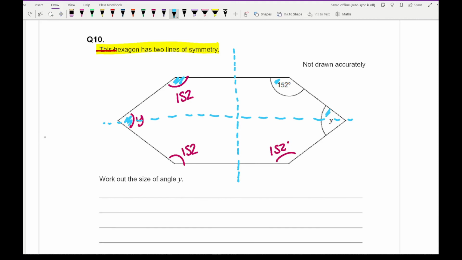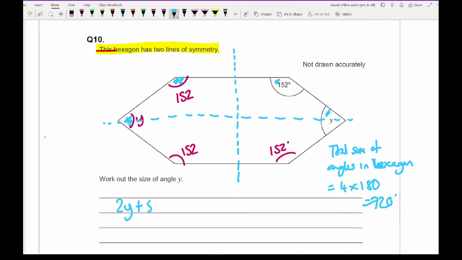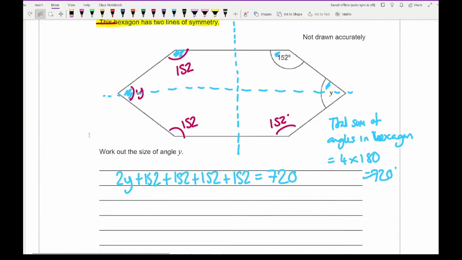So working this out, we've got a hexagon, so the total sum of angles in a hexagon is going to be 4 times 180, and 4 times 180 is 720. So then I've got 2y plus 152 plus 152 plus 152 plus 152 all need to add up to 720.